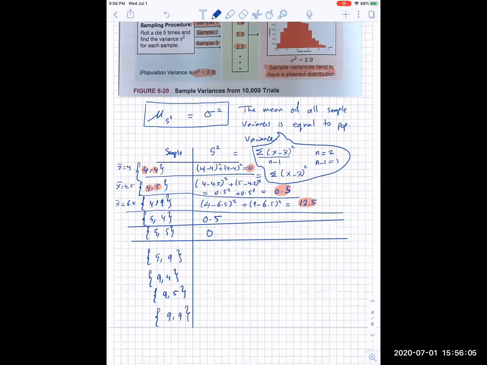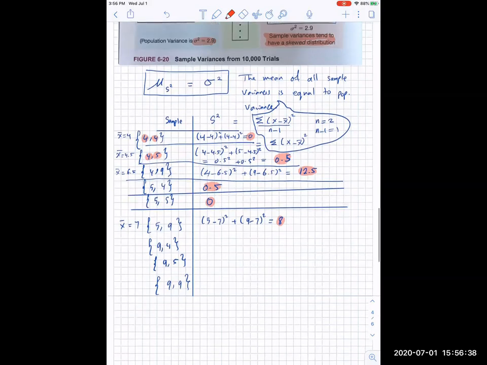5 and 9, what is x bar? 7. Right? So 5 minus 7 squared, 9 minus 7 squared, and that is what? 4 plus 4, 8. So that's my next variance. So far I have 6.